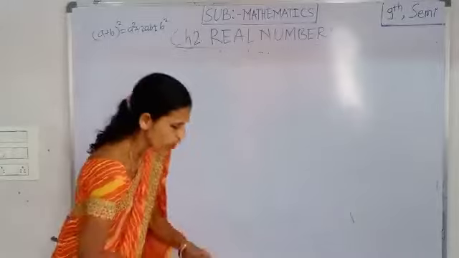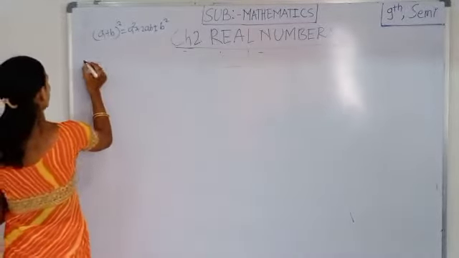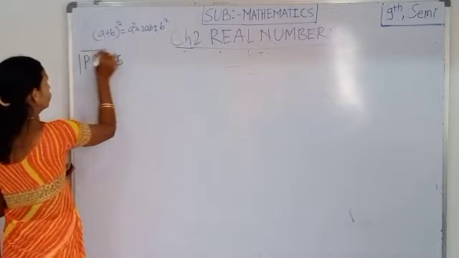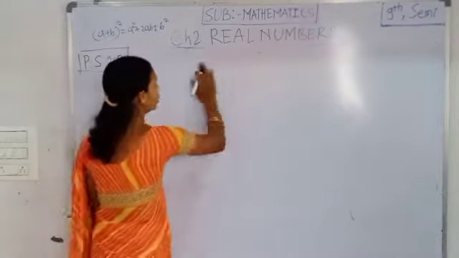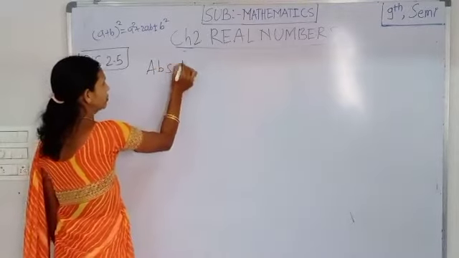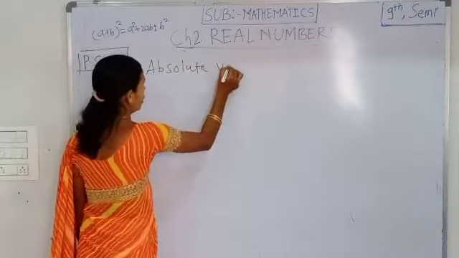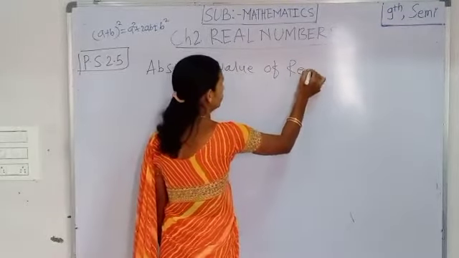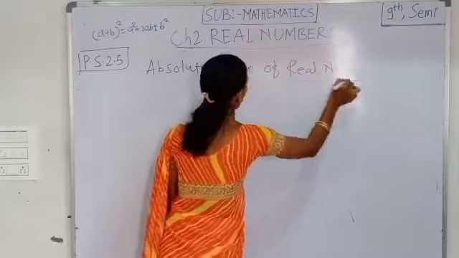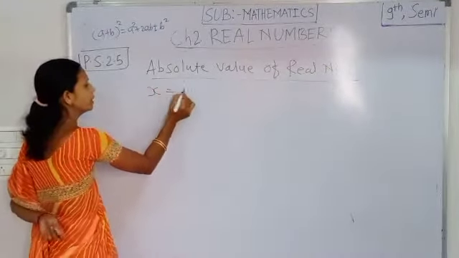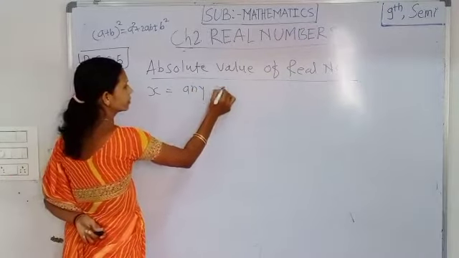We will solve a few examples from practice set 2.5. For this we have to remind a few concepts, that is absolute value of a real number. All of you have studied a real number x. It may be any real number.